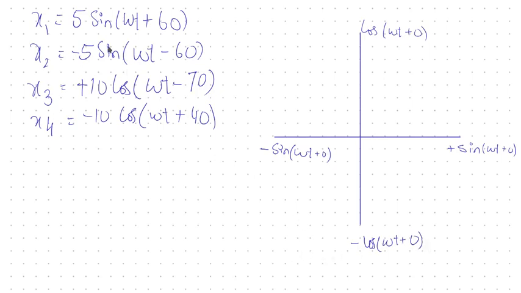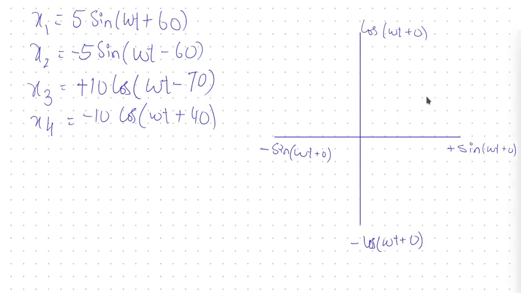Okay, so the first one is 5 sine(omega t plus 60), which means when you take the positive sine omega t, it's leading by 60 degrees, right? So leading is anti-clockwise.